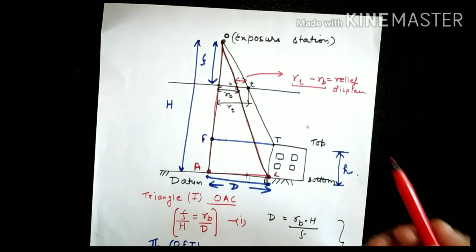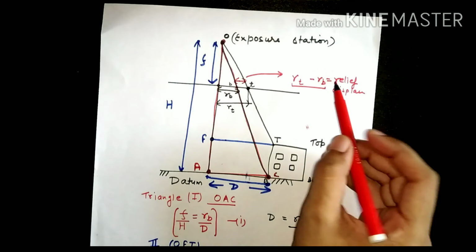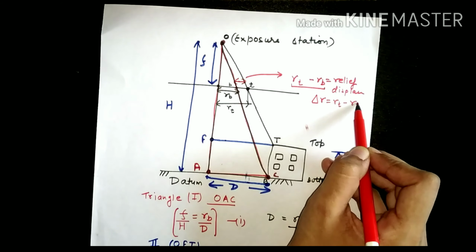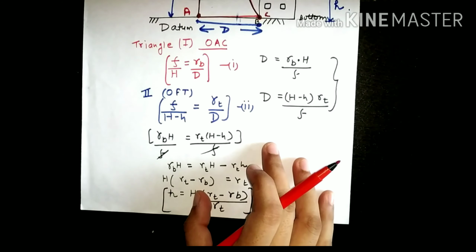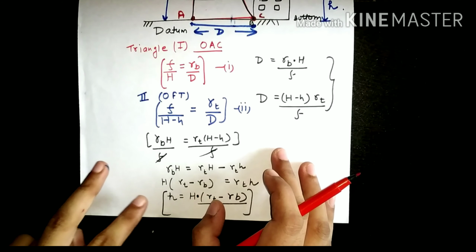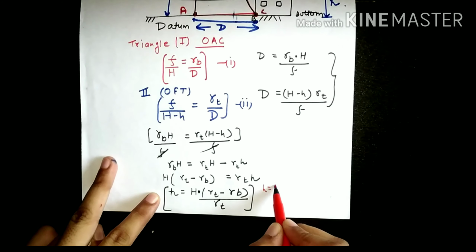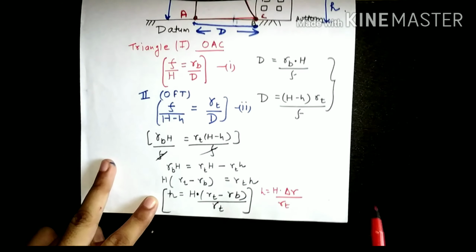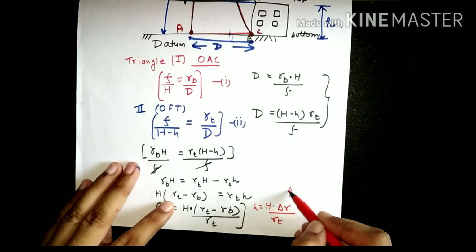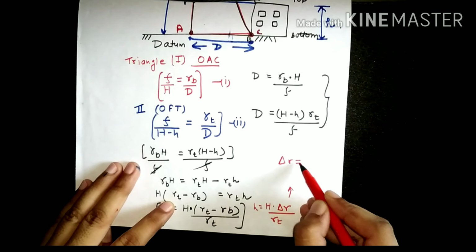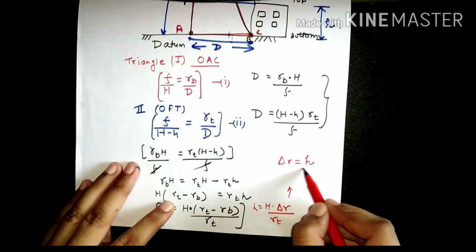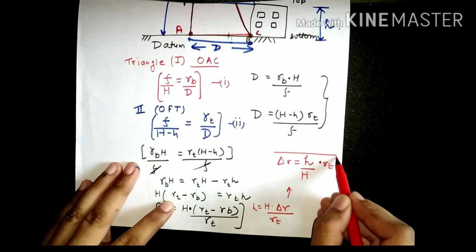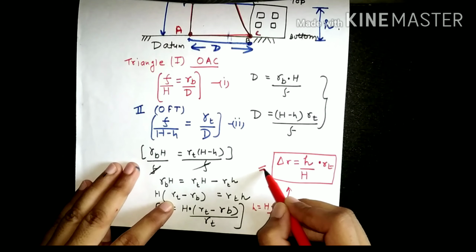RT minus RB is equal to relief displacement, and it can also be written as delta R. So look at this derivation here. We can put h is equal to H dot delta R upon RT, or in terms of delta R, delta R is equal to h upon capital H dot RT. Okay, this will be the required equation.